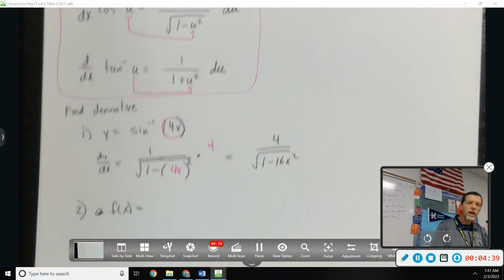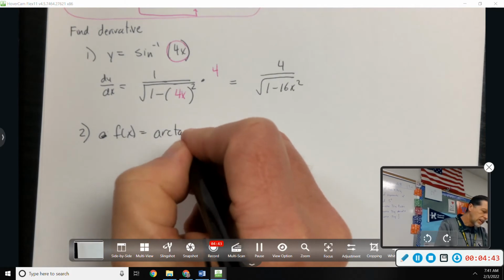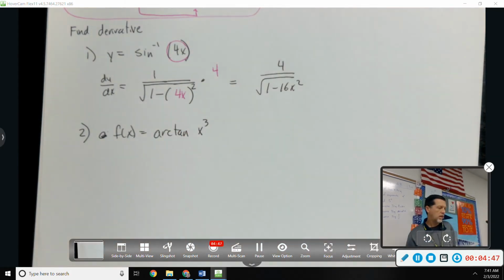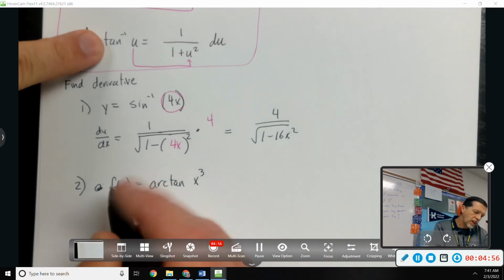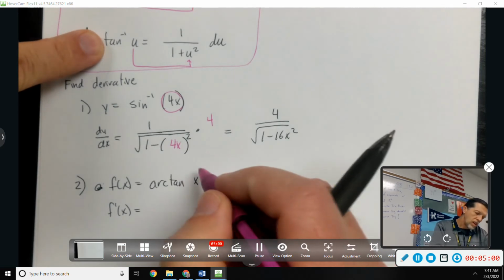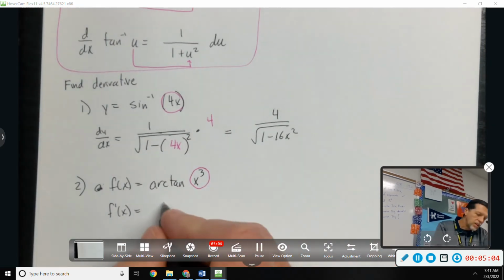Number 2, f of x equals arctan of x cubed. Remember, arctan means the same thing as inverse tangent. So I'm looking at my derivative of inverse tangent. x cubed is the argument.